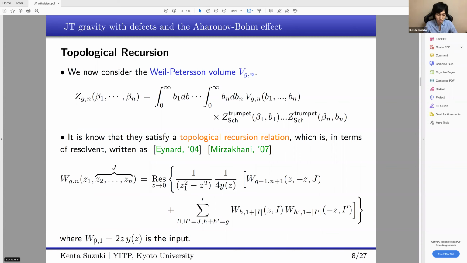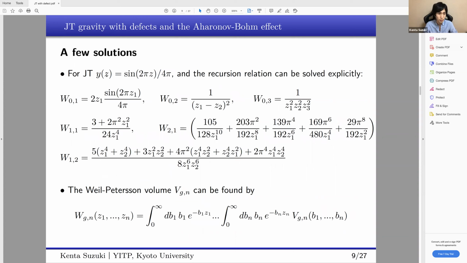This recursion relation requires input for W01. So W01 corresponds to the one boundary, zero genus contribution. In terms of JT gravity, this Y corresponds to the spectral density of the disk partition function. If you give this disk spectral density, then this recursion relation automatically gives you all higher genus contributions.